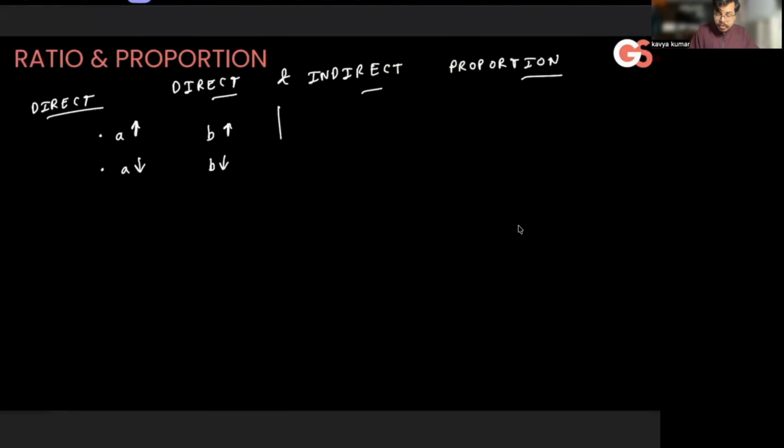Some examples can be more items, more cost. These can be some of the direct proportions. Before going into examples of indirect proportions, I'll explain what indirect proportion is.